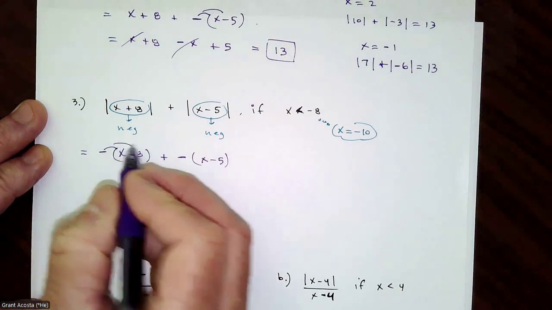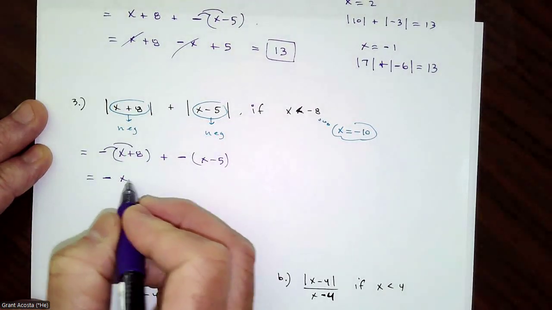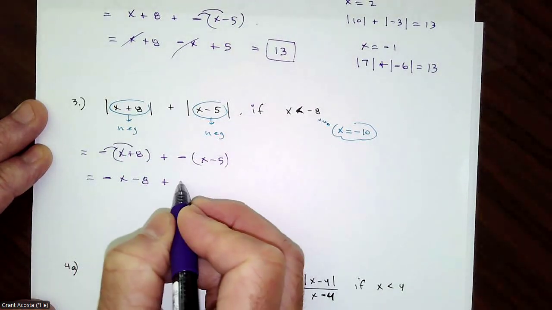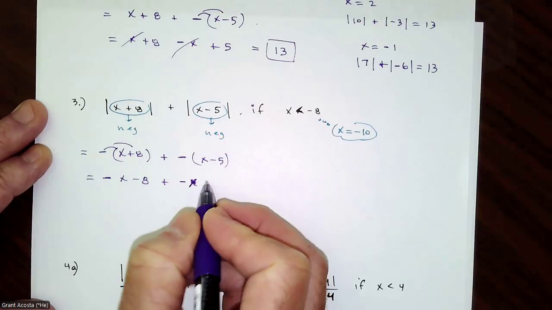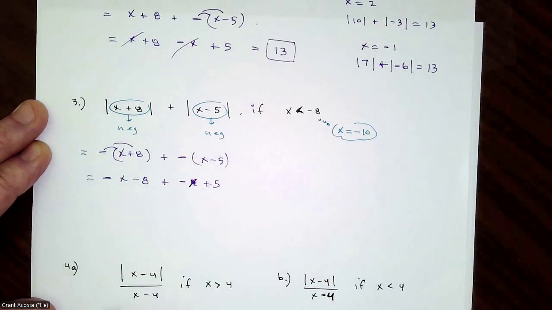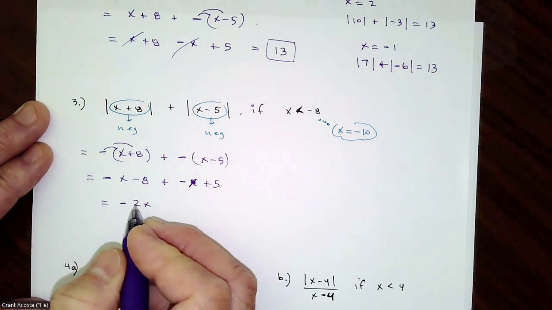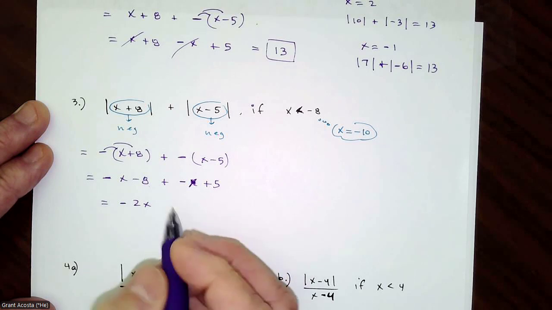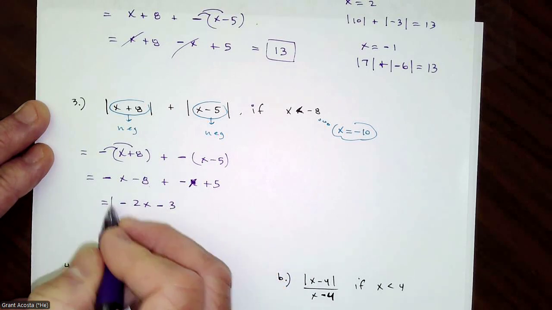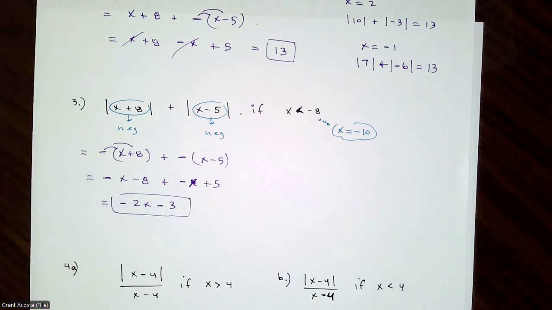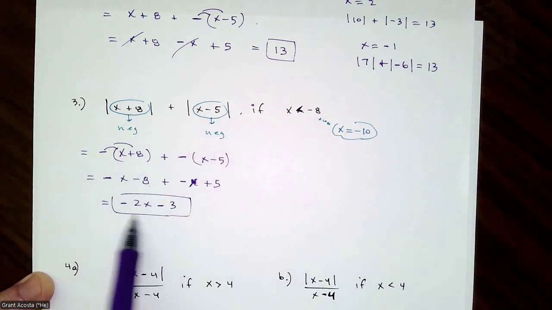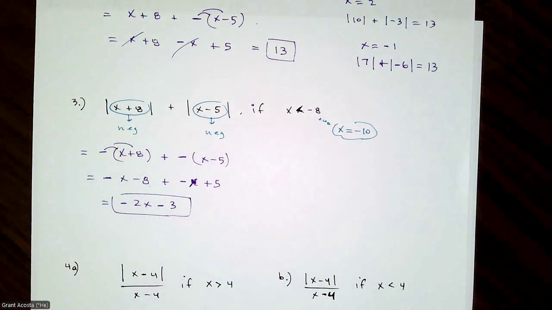And if I distribute, negative x minus 8 plus negative x plus 5 gives me negative 2x minus 8 plus 5, which is minus 3. And that's the best I can do. This expression would simplify to this if x was a number less than negative 8.